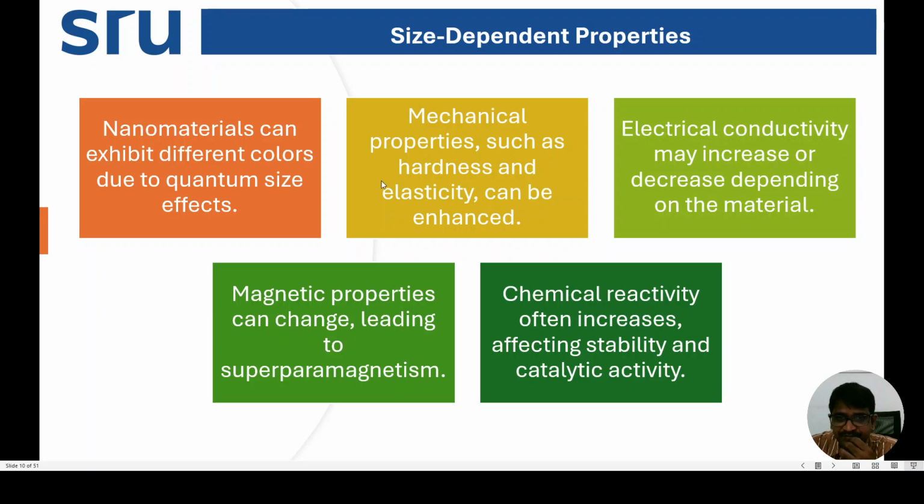And next one, mechanical properties such as hardness and elasticity can be enhanced. Toughness, hardness, or elasticity can be enhanced. What is the advantage of enhancing this? For example, a material can be very flexible but very strong.